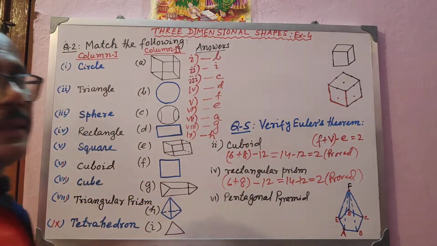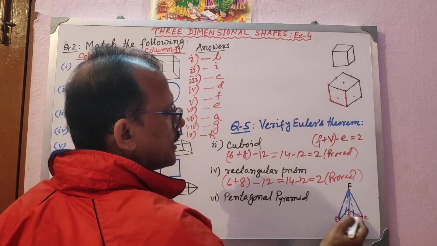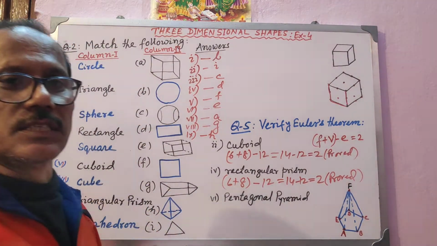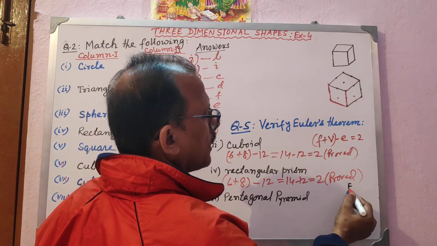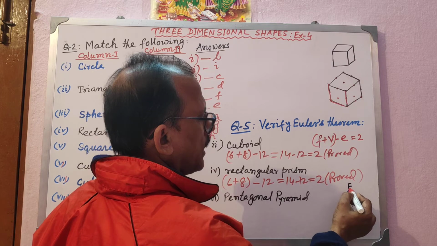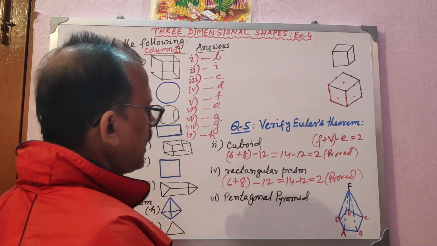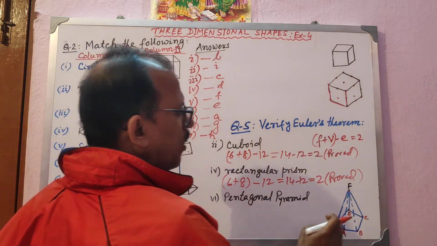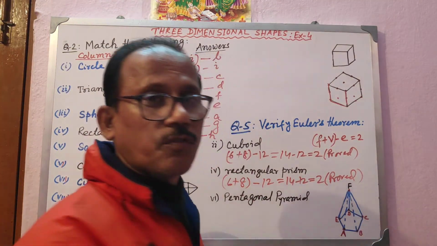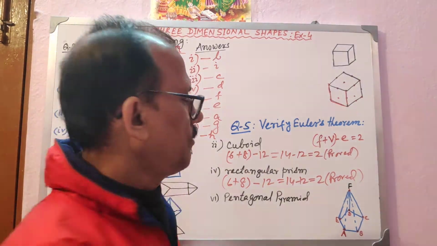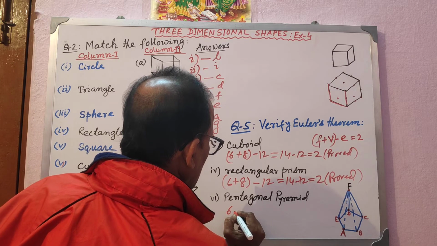Now, pentagonal pyramid. Pentagonal pyramid, I have drawn one. ABCDE is a pentagon, and the base I have drawn as a pentagon. Now, all the base vertices are drawn into a common vertex, that is F. So what are the aspects I will see? How many faces? The bottom is the one face. Then, because it has got 5 vertices, 5 side faces, 5 plus 1, 6 faces.